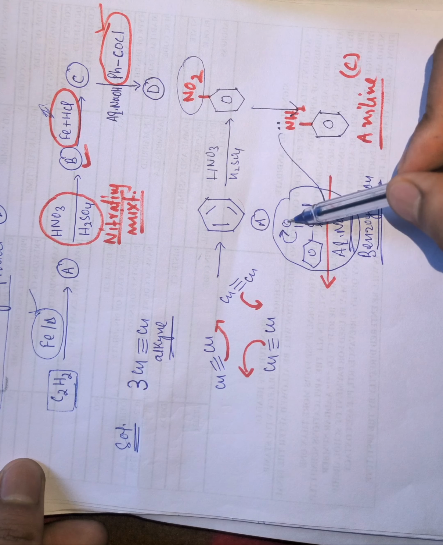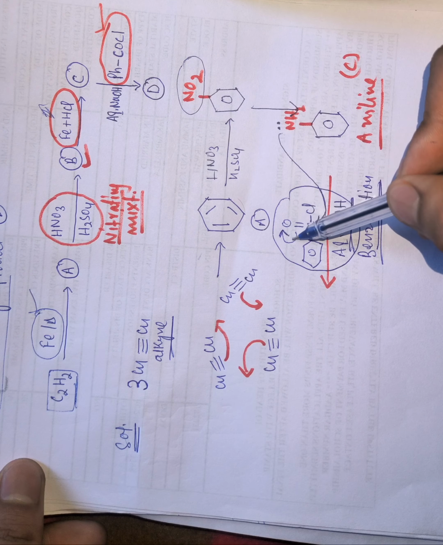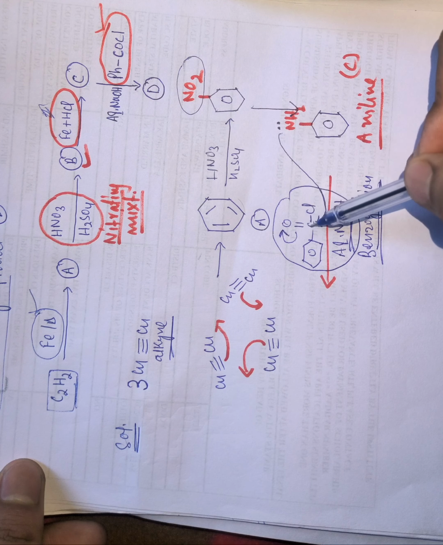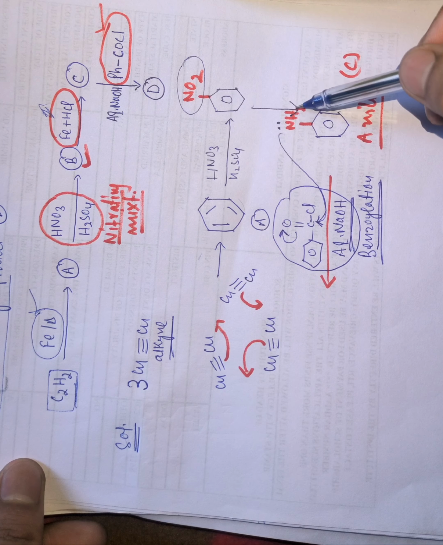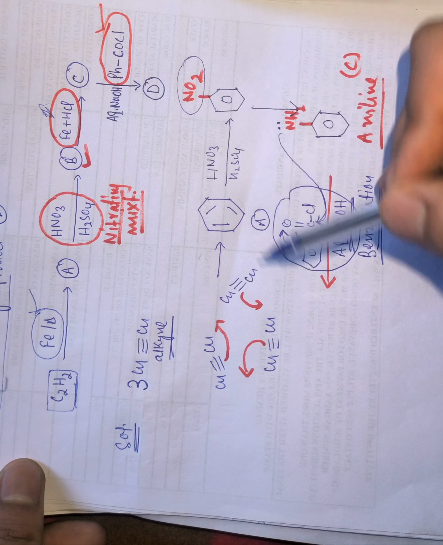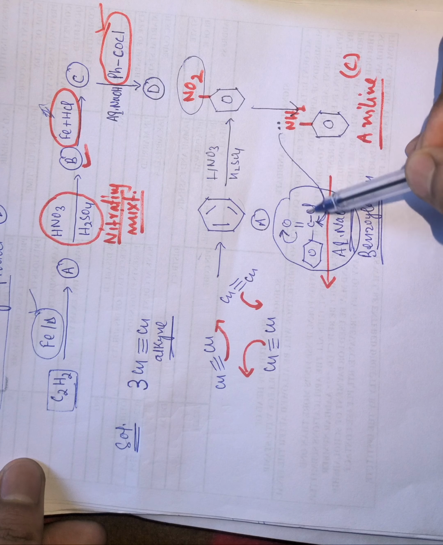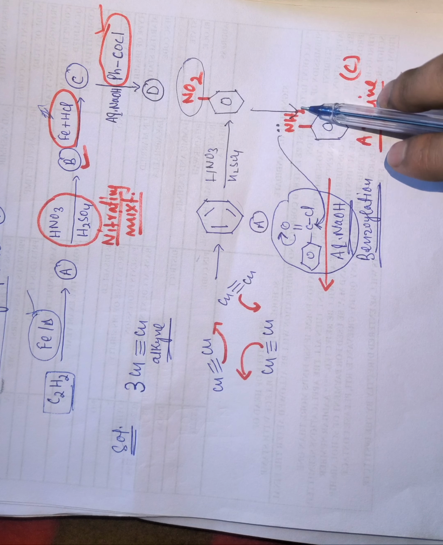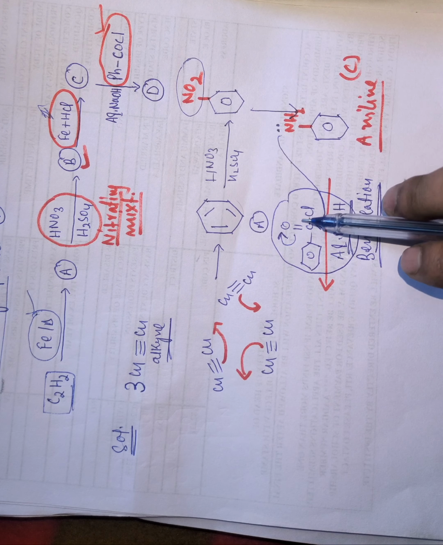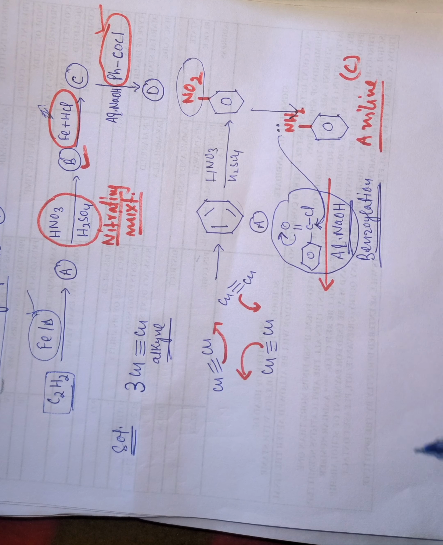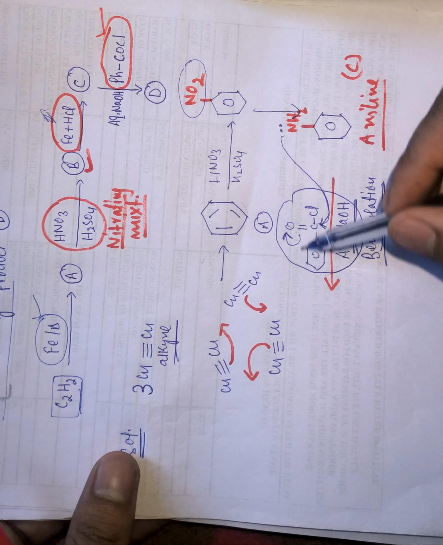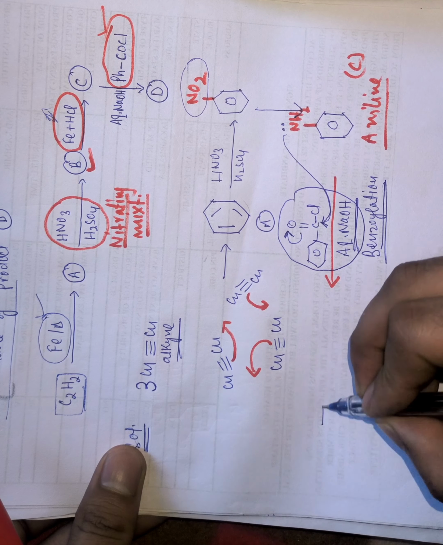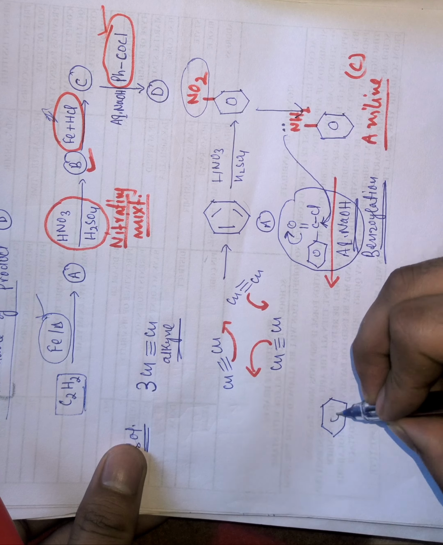After this, the negative charge on the oxygen atom will get shifted back to form the carbon oxygen pi bond again, and the hydrogen from the nitrogen gets eliminated with the chlorine. So this chlorine and this hydrogen get eliminated from these two substrates, and the product formed will be this way.